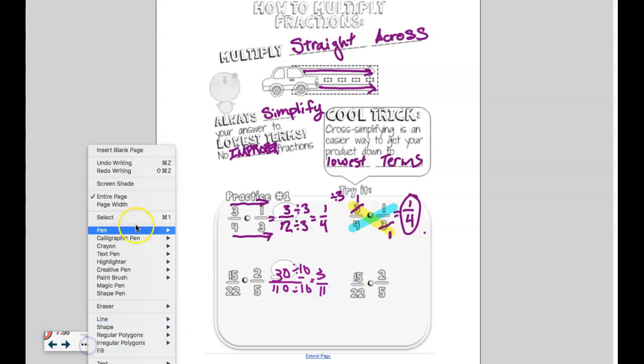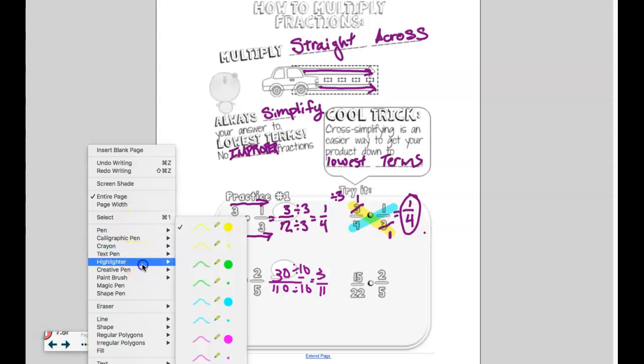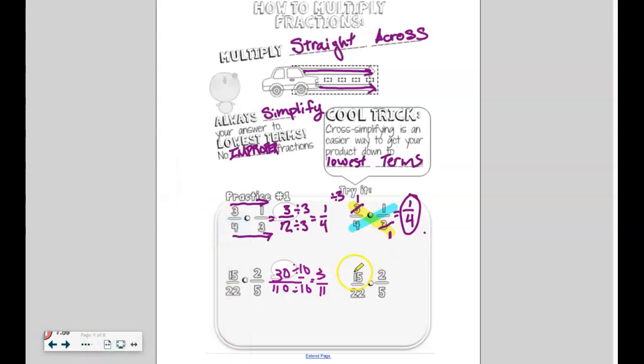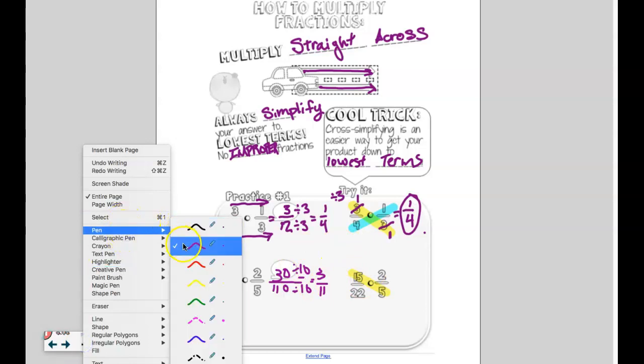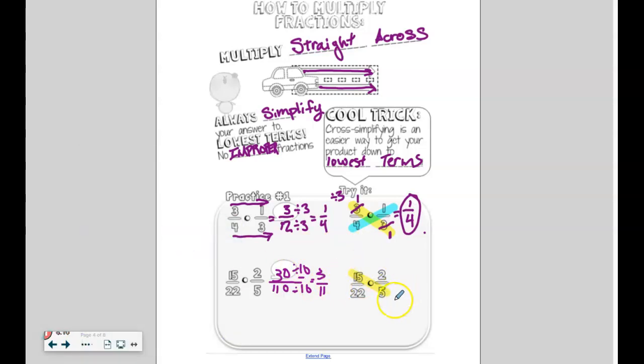But now, if we had cross-simplified before, we can look across. Do 5 and 15 have any common factors? Yes. 5 goes into both 5 and 15. So we're going to divide those by 5. So 15 divided by 5 is 3. 5 divided by 5 is 1.